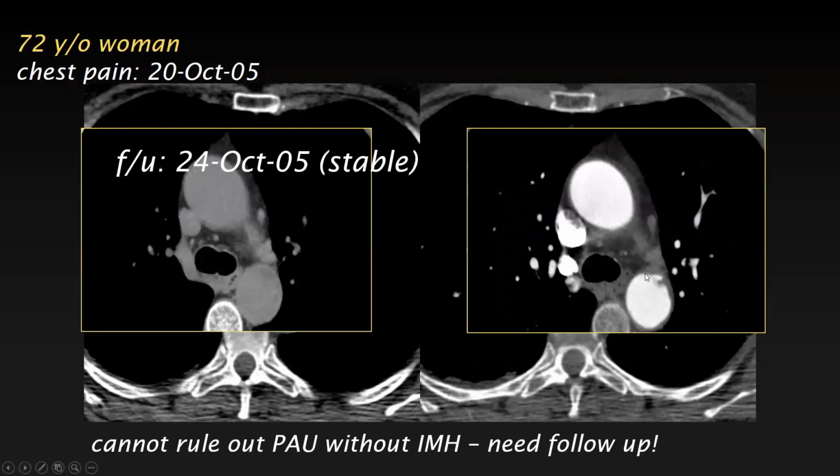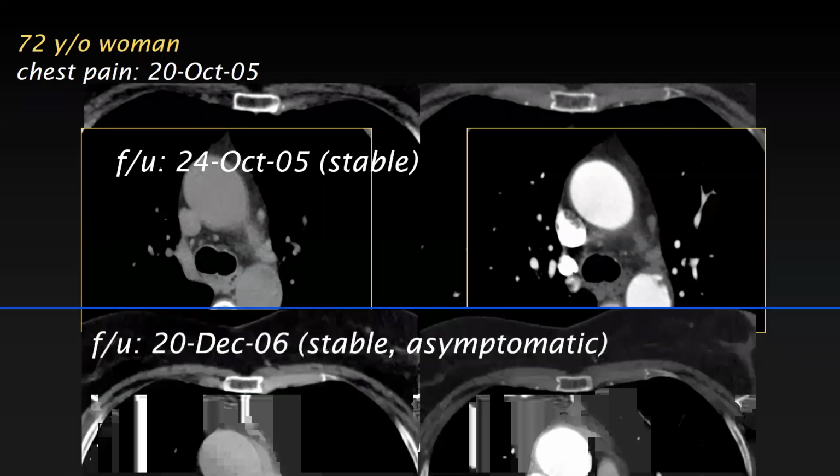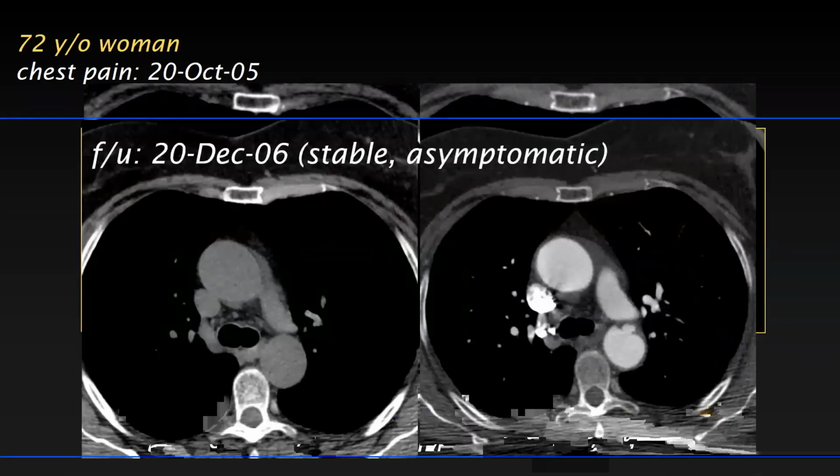You can see that this lesion changed a little bit in shape, which suggests that at least something is remodeling, something is going on here, and supports the assumption that it is an acute lesion. But again, it didn't get larger, it didn't have signs of rupture or instability, and if the patient is asymptomatic or the symptoms go away, then you can again follow it.